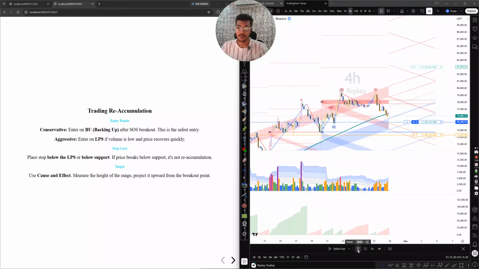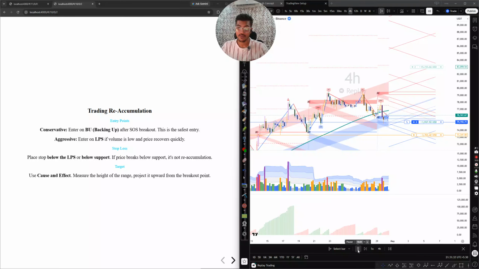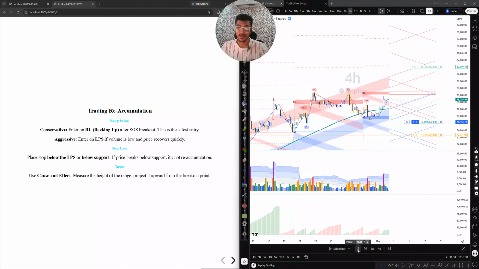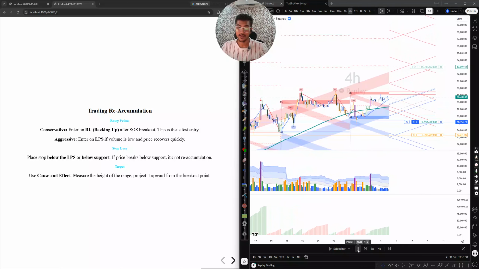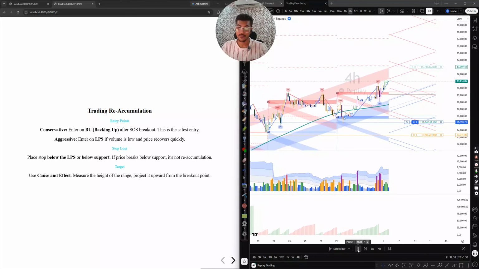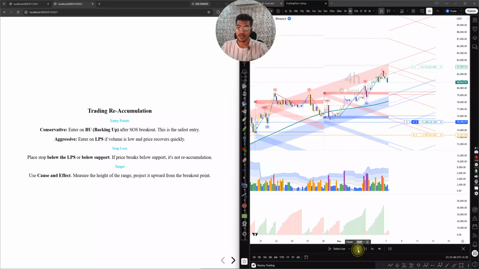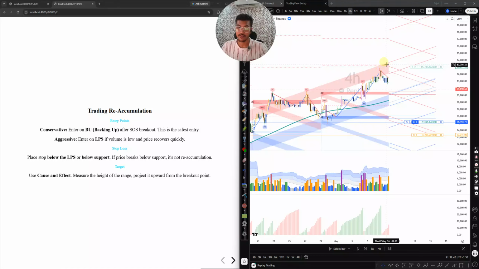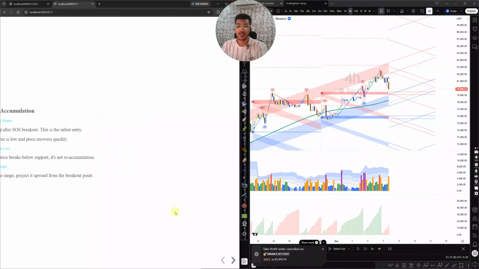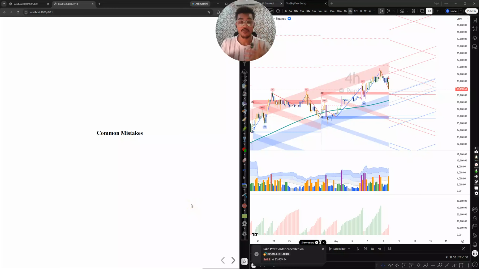Then it goes a little bit, stops even down, and then it goes like that. But still it hasn't reached our take profit level, so we should just exit the trade on this red line. All right, yeah, like that. So this is how you can actually trade a reaccumulation pattern.